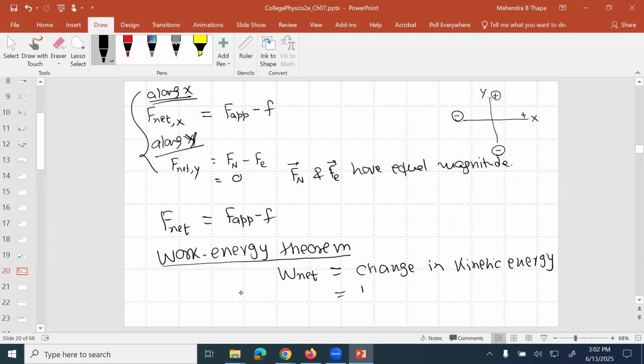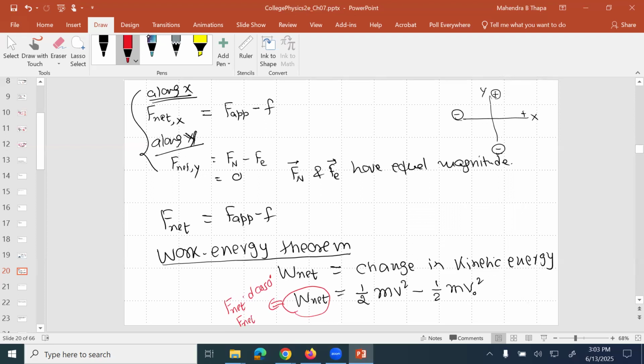Change means final kinetic energy, which is half mv squared, minus initial kinetic energy, half m v initial squared. The total work done by the net force in our case equals F net times d cosine 0. Cosine 0 is 1, so you can just write F net times d. So this is the work energy theorem. This basically relates work and energy.